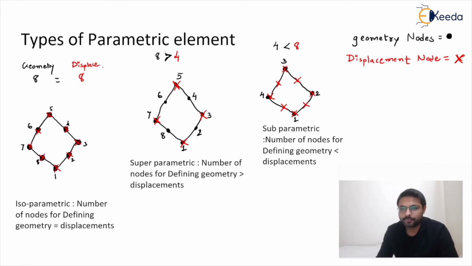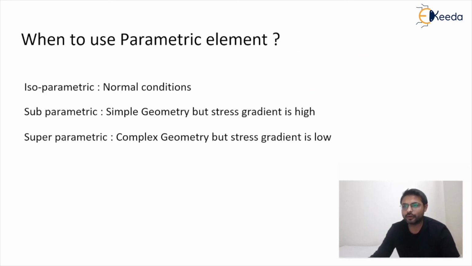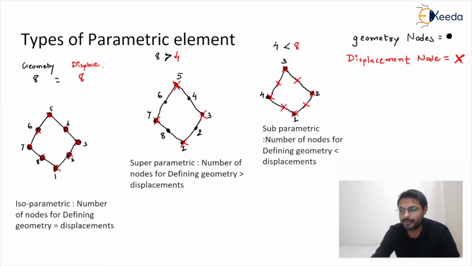So now it is clear that we can utilize different types of elements according to our application. Now when to use this kind of element? In normal conditions where the geometry is simple and the stress gradient is normal, we can use the isoparametric element.